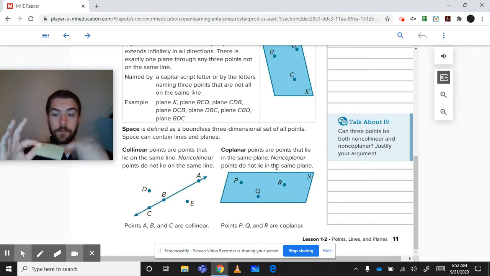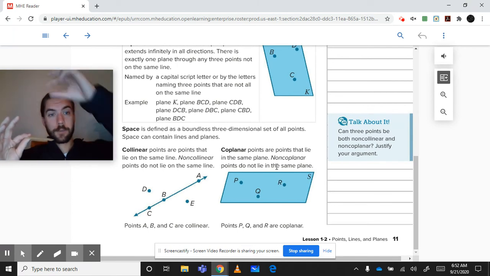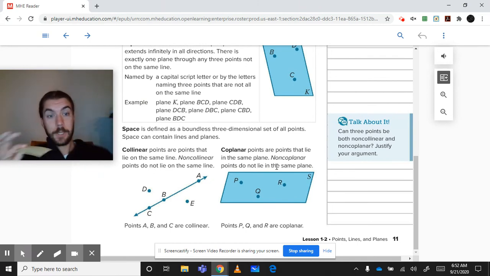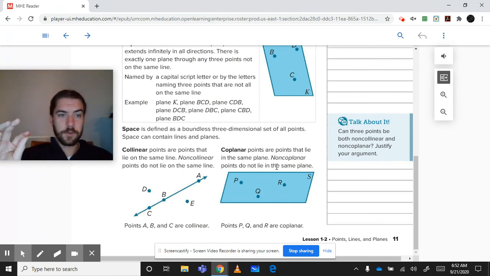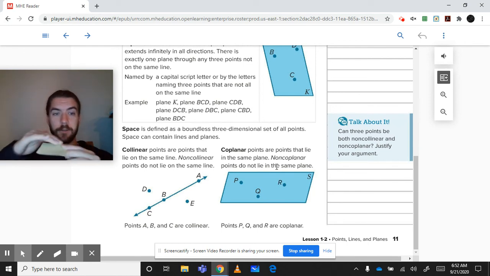If I made 4 dots on this paper and then I put a dot up here in space, well, those would not be coplanar, not all 5 of them anyways, because this point was not on the same plane. Like before, you could define different planes that might capture different sets of points, but for points to be coplanar, they must be on some defined plane. They must all exist on it together.